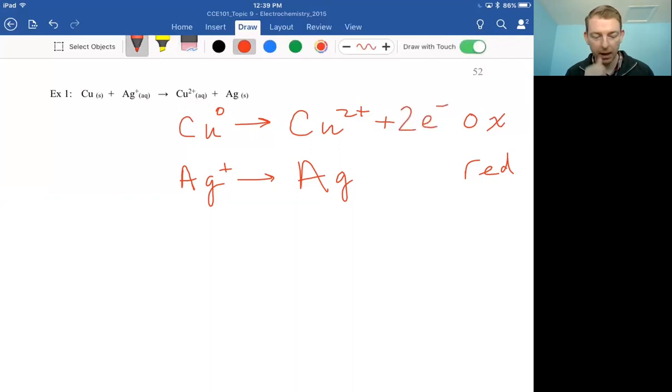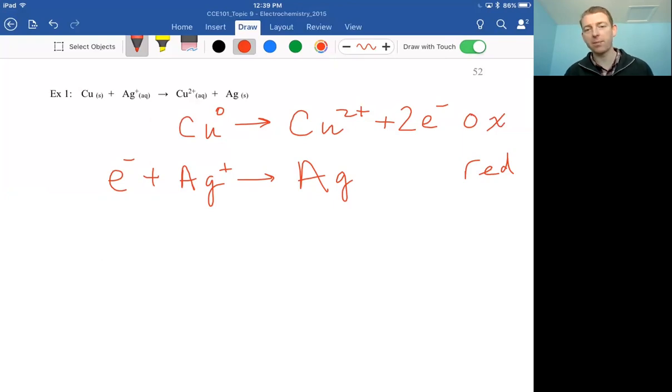Now 2 electrons, 2 negative charges, plus the 2 positive charge on the copper, and we're back to neutral. Second line, we're going to do the same thing. Now we're adding an electron onto the left-hand side of that equation with the silver ion to just turn it into silver metal.